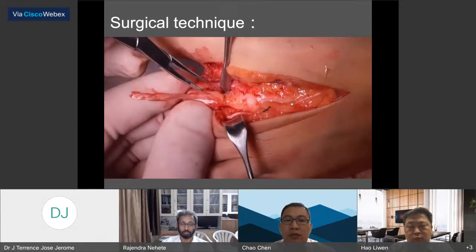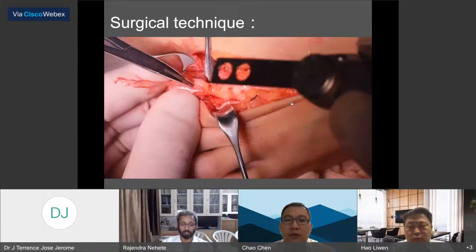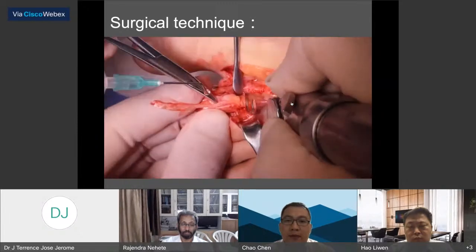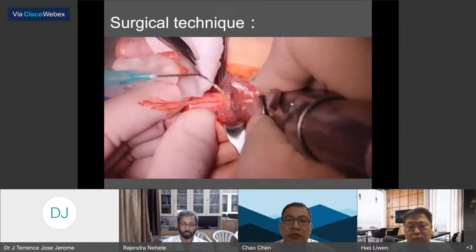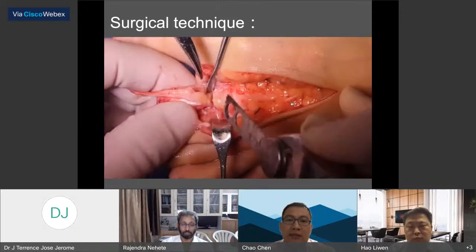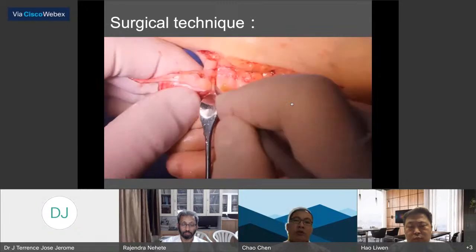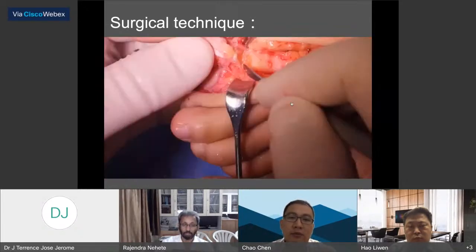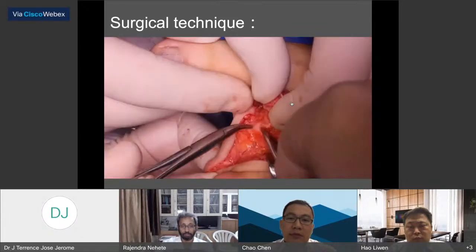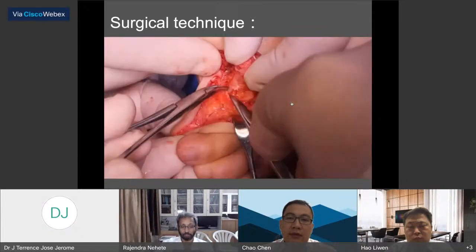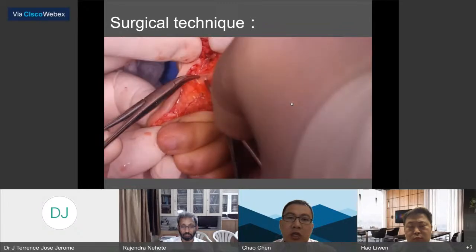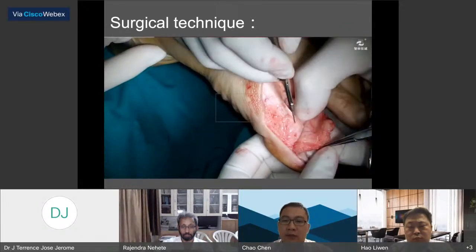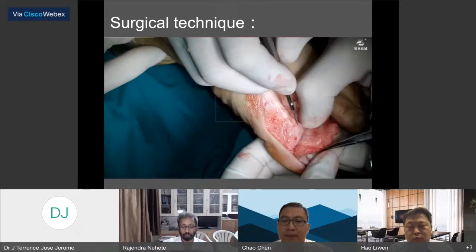Also, when you do the osteotomy, you need to take care of the pedicle because it is very easy to accidentally injure the pedicle. And then we complete the osteotomy, and then we dissect out the flexor tendon and cut the tendon. Then we harvest the wraparound flap.